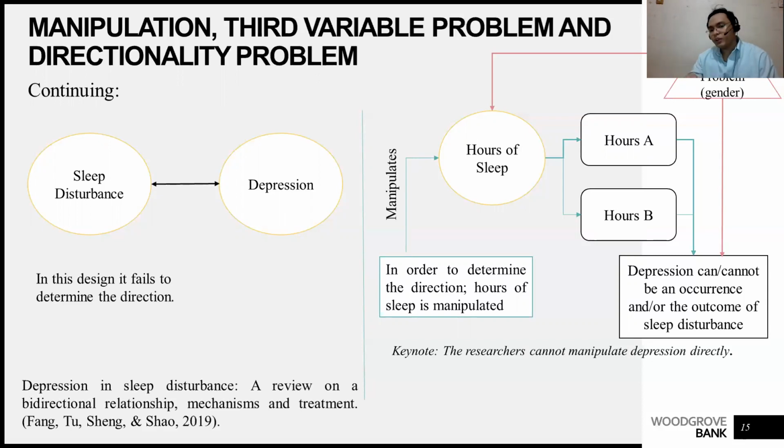So in order to determine the direction, hours of sleep is manipulated. We have the treatment conditions, which are the hours of sleep: level A, say 5 hours of sleep, then level B, 8 hours of sleep. The dependent variable, the proposed outcome, is that depression can or cannot be an occurrence and or the outcome of sleep disturbance.